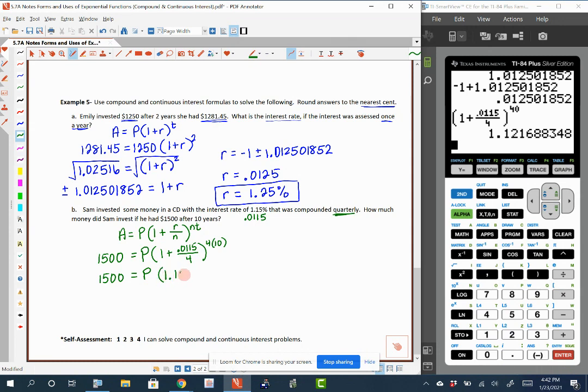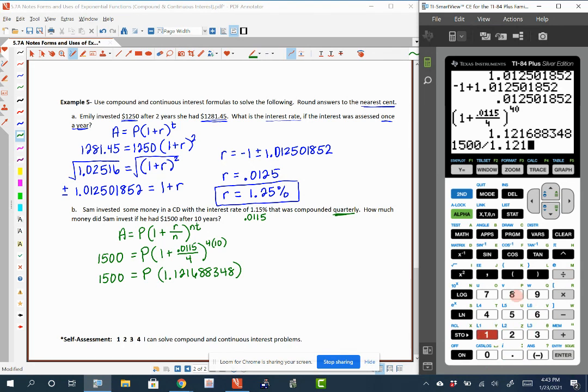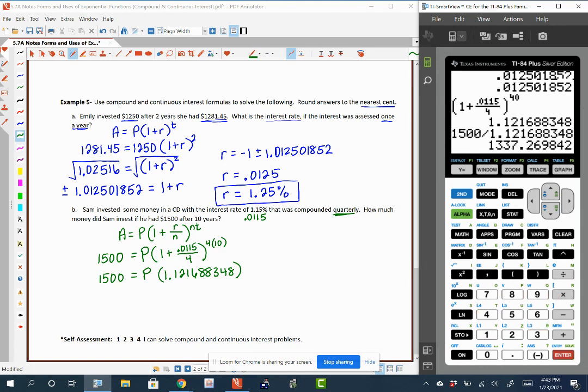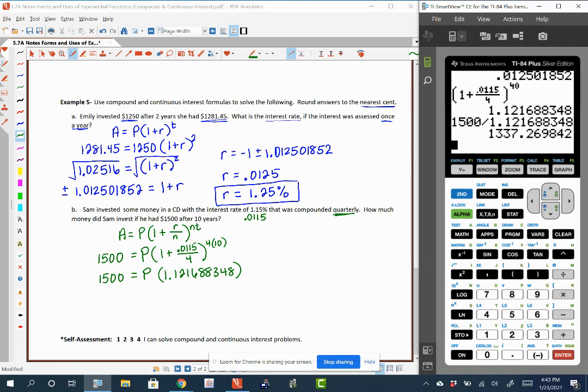I'm going to go ahead and write out the whole thing. This is not my final answer, so I'd like to use all of this. But I need to do 1,500 divided by this now because I'm solving for P. So 1,500 divided by that decimal. I'm just going to use all of those values. And this will tell me what we started with, what was the principal.